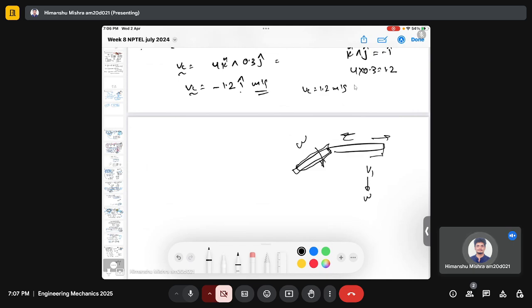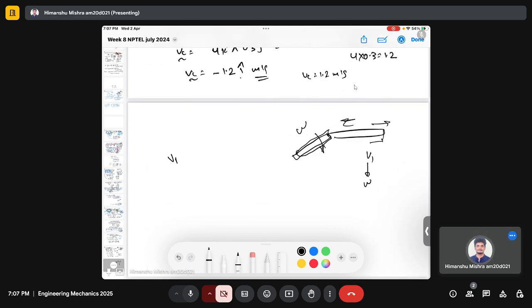This kind of question we solve by the relation vA equals vB plus the relative velocity between them, where let's say A is this point and B is this point. So for example, let's say you are given the angular velocity of this rod, you can easily find the translation velocity vB, and once you get that, you can find the translation velocity of A. You just need to keep in mind that both points B and A are executing motion, and these motions are different to each other.